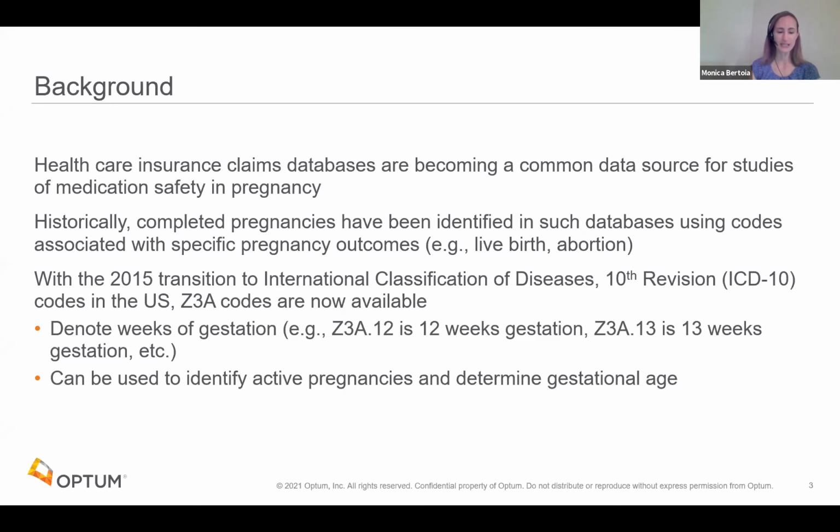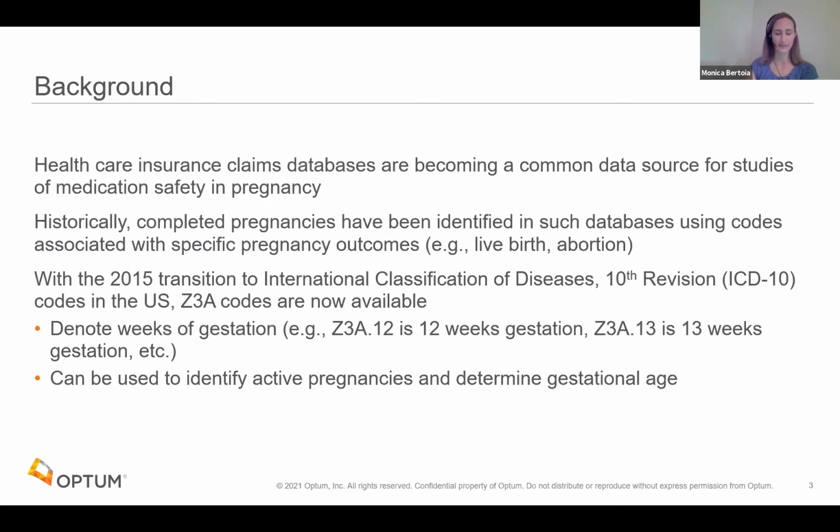Claims-based studies typically use codes to identify pregnancies, as well as patient characteristics and clinical events, but identifying distinct pregnancy episodes is challenging given that there are no codes identifying the start and the end of a pregnancy. And these dates are key for studying the effects of medication in pregnancy.